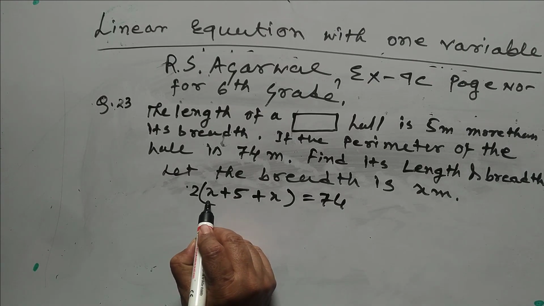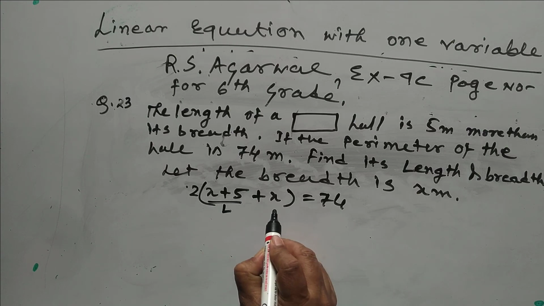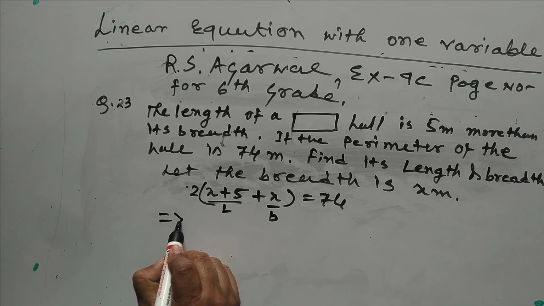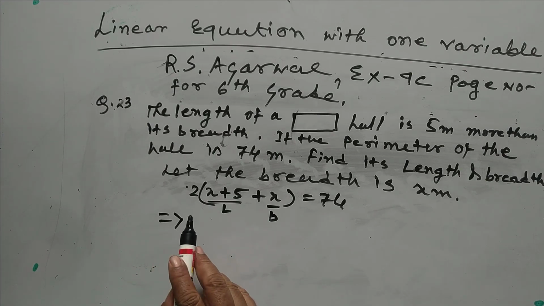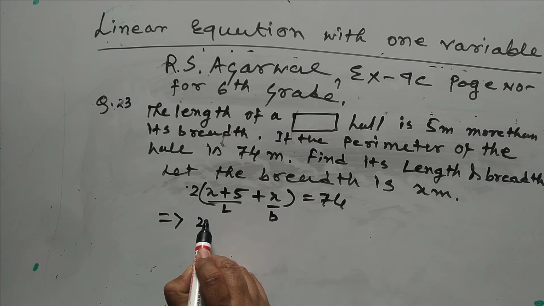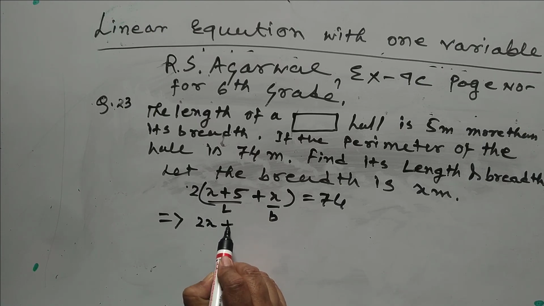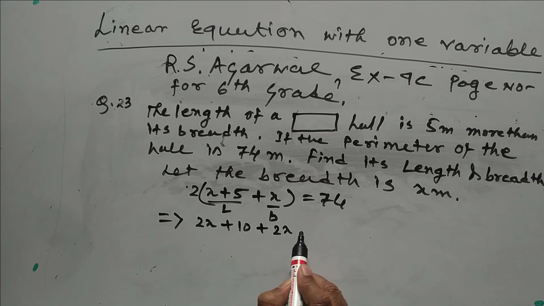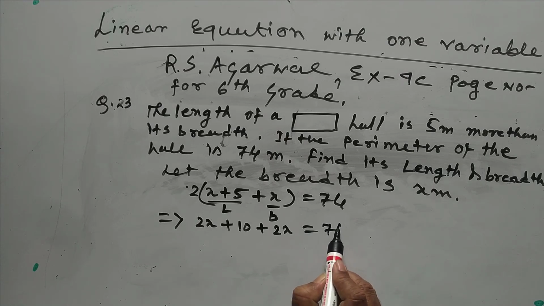This is length and this is breadth. Okay, so I am multiplying. 2x means 2 into x means 2x, plus 2 fives are 10, plus 2 into x, 2x equals 74.